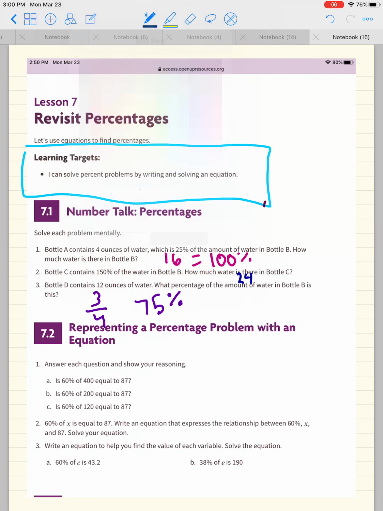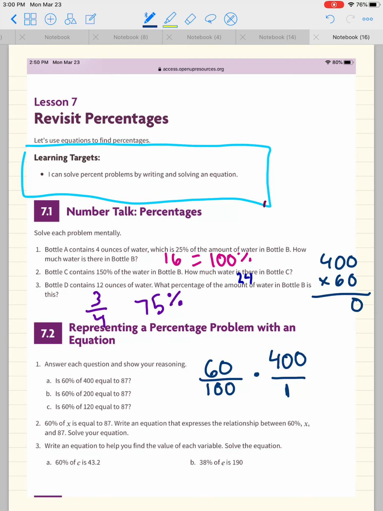So in order to solve this, we could take 60 over 100 to represent 60%, and we can multiply it by 400, okay, or 400 over 1. So we have to do 60 times 400, 0 times 0.